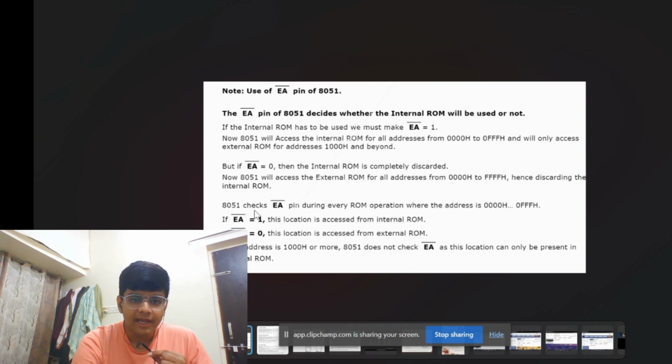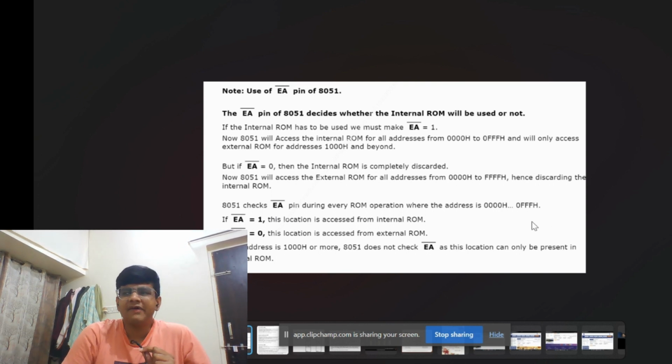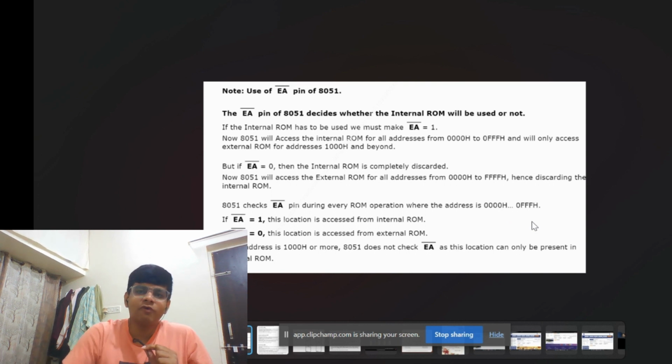8051 checks the EA bar pin during every ROM operation where an address is given. Look, if I am living in some city like Mumbai, and I give an address as a radius of 500 meters from your location, a circle area, something is happening in that radius.